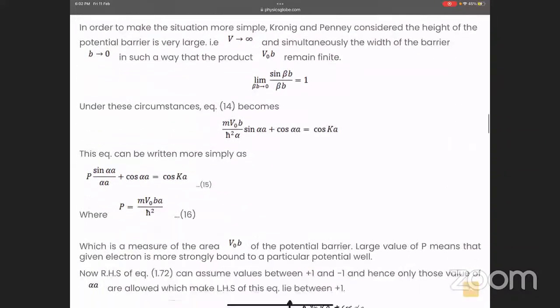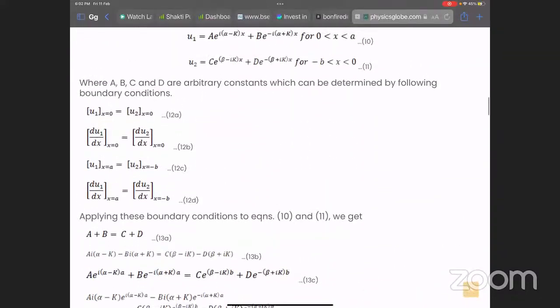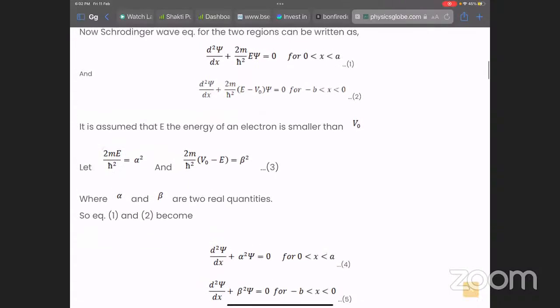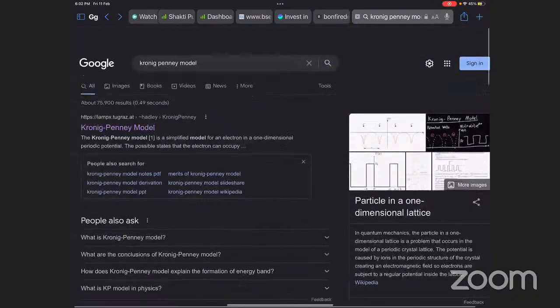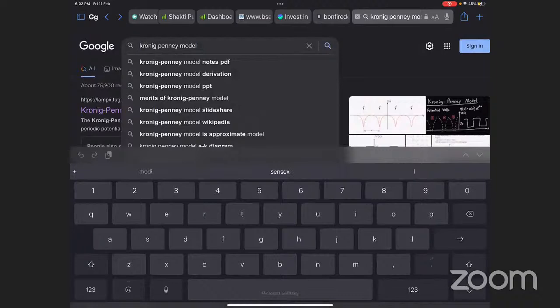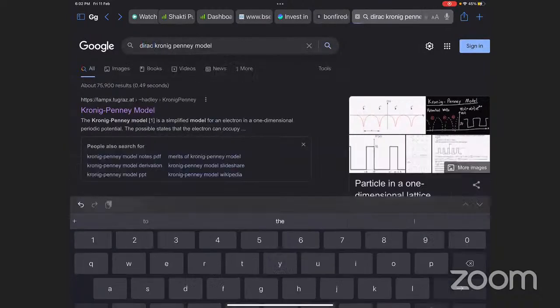And whenever there is a lot of algebra, you tend to lose the physical insight. So I'm not going to solve it. We can do it, but it's just a lot of work. The same insights can be obtained by the simpler Dirac-Kronig-Penney model, which is what we're going to look for.